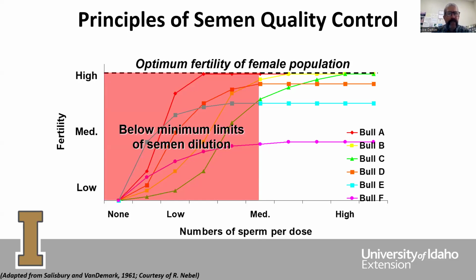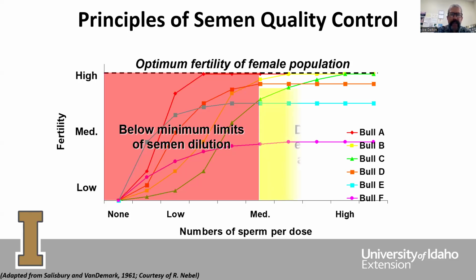Everything under this rose-colored box is really below the minimum limits of semen dilution. We know we're not going to get acceptable fertility marketing semen that has sperm cells in this range from these types of bulls.